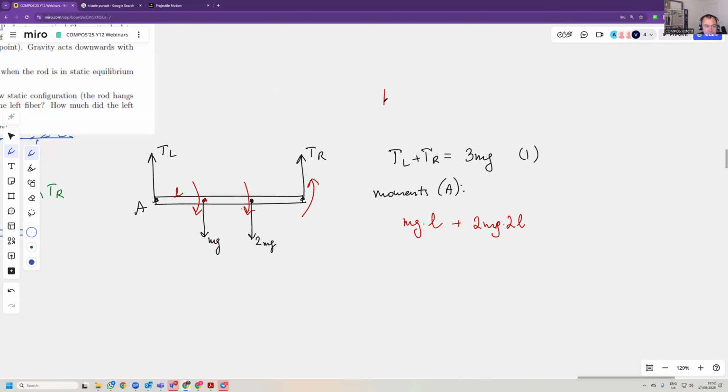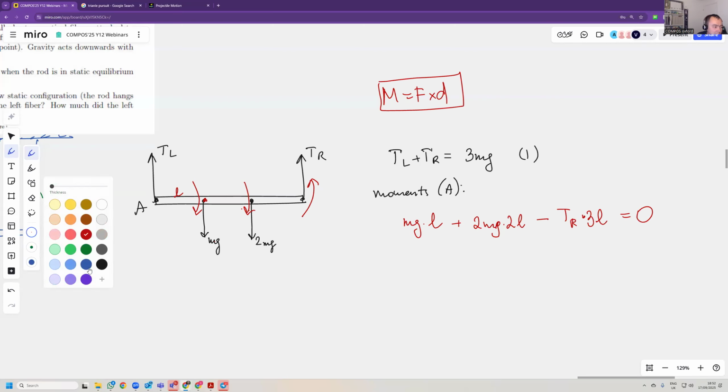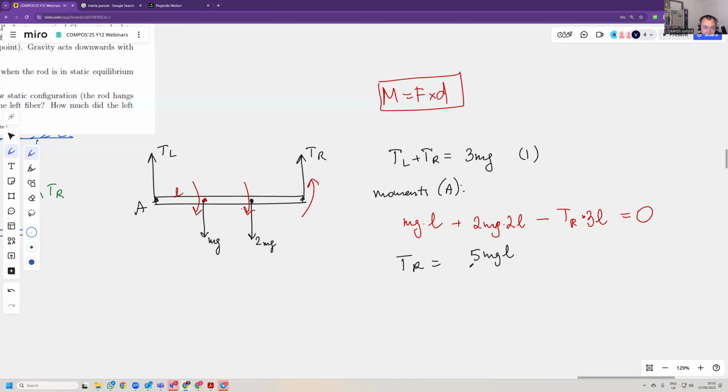Remember, moment is force times distance to the pivot, minus, because it's the opposite way, TR times 3L, and that equals 0. And therefore, I can say that TR is equal to mgL plus 4mgL, so 5mgL divided by 3L.